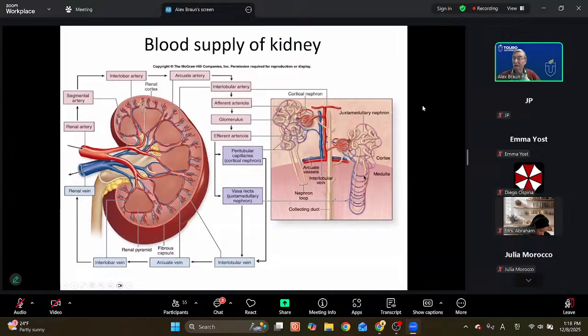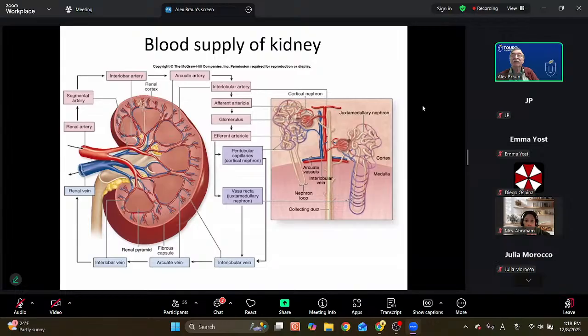These are the vasa recta. So that's a capillary plexus too, essentially. So peritubular capillary plexus arises in the more superficially located cortical nephrons. The vasa recta capillary plexus arises from the efferent arteriole of the juxtamedullary nephrons.